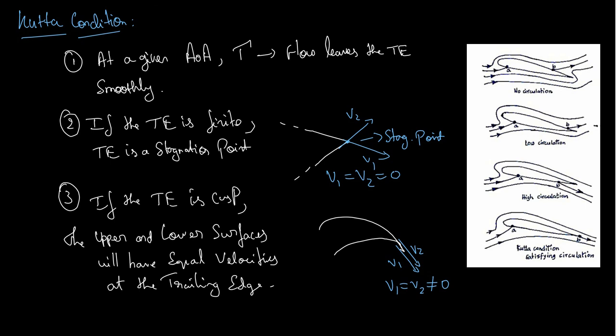So if, for example, I want to write this in terms of a vortex sheet, I consider the trailing edge to be a vortex sheet. For example, you have a long infinite wing, then I can write gamma of the trailing edge. Gamma is the strength of the vortex sheet at the trailing edge, and it must be V1 minus V2, which must be 0.